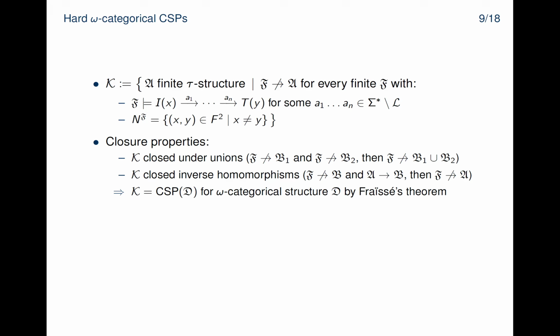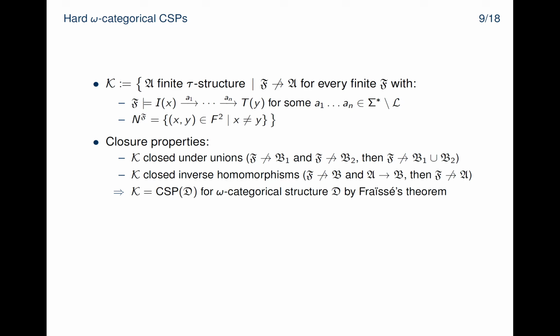So it's a cheap trick. This class is also closed under inverse homomorphisms. I would say this is even easier to see. If we know that F does not map to B and we have a homomorphism from A to B, then of course F does not map to A, right? And these two notions will come back later again.